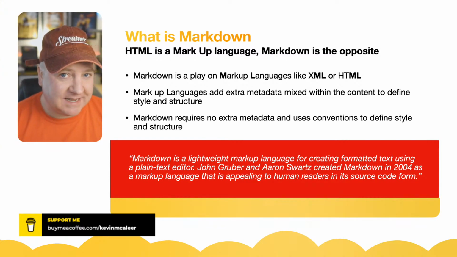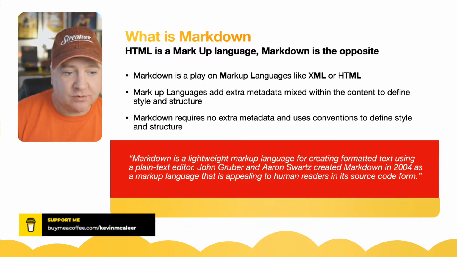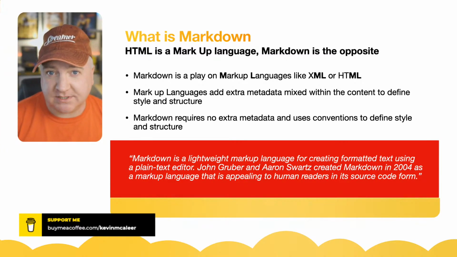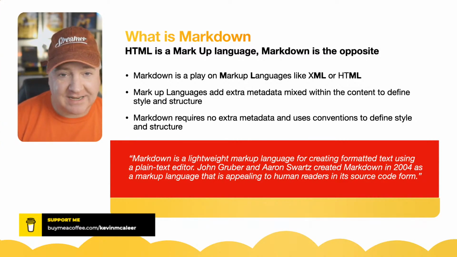They're all extra metadata to tell the browser how to display that page. So you have to add lots of extra tags to format a page, and that can make your actual content get lost amongst all those tags. So one of the reasons I absolutely love Markdown is because you don't have to do that. Markdown is the opposite. Rather than adding extra metadata, Markdown requires no extra metadata.